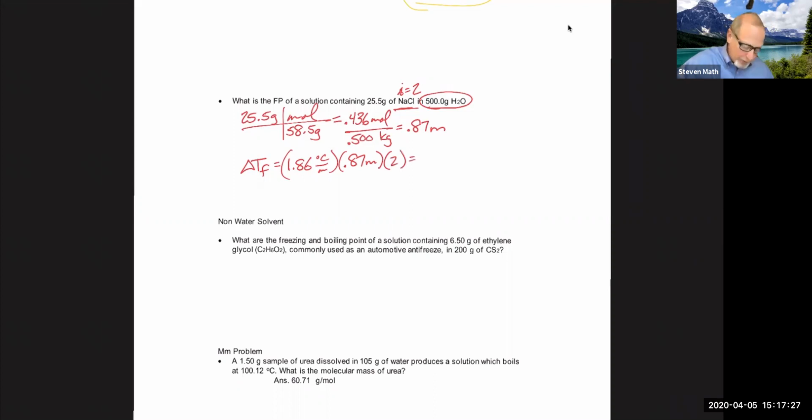Really doesn't have a unit on that. That's going to change the temperature 3.24 degrees Celsius. It's freezing, it's water, so the freezing point here is really just that. How do we show it? We show 0 minus 3.24, which is going to be a negative 3.24 degrees Celsius. That's how I get that freezing point of that solution.